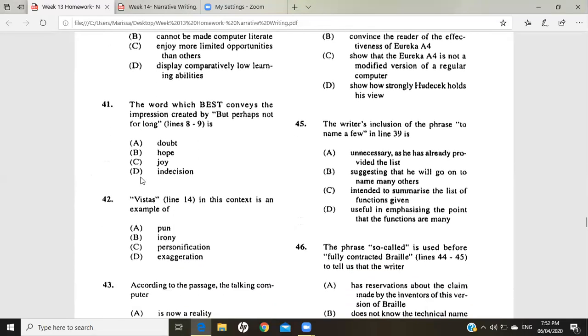41, the word which best conveys the impression created by "but perhaps not for long" is... If someone says but perhaps not for long, what kind of feeling does that evoke in you? Hopeful. Doubt, miss.